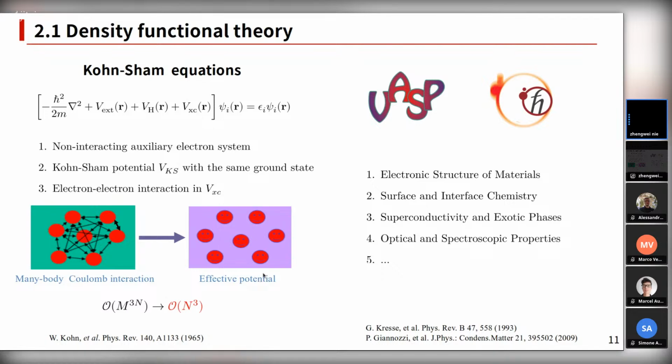It is very efficient, and density functional theory has already been implemented in codes like VASP and QE. It is now widely used in research on the electronic structure of materials, surface and interface chemistry, superconductivity, and phonon spectrums.